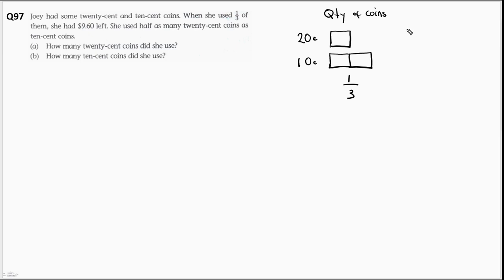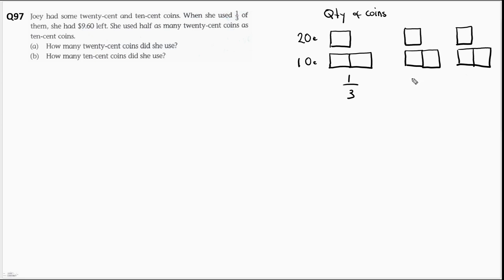So if you imagine it like this, these are the 2/3 that are not spent.